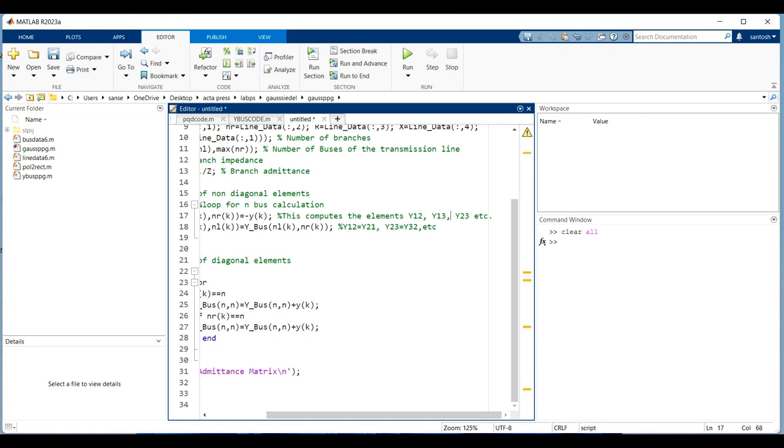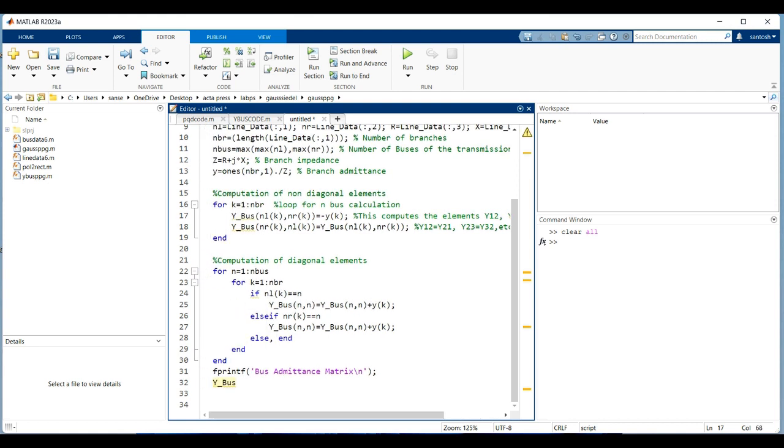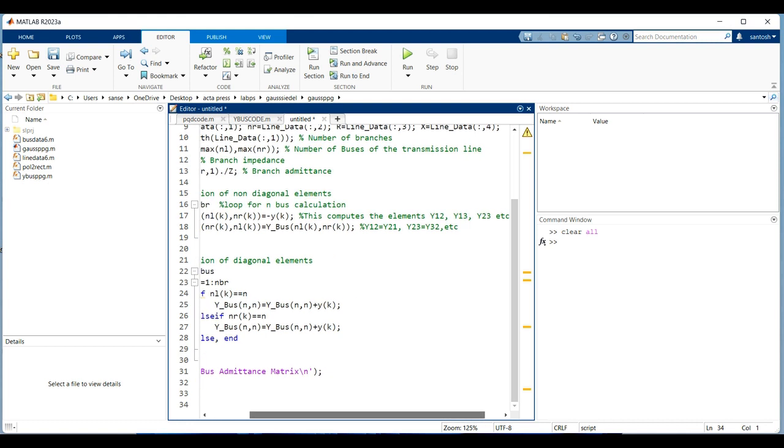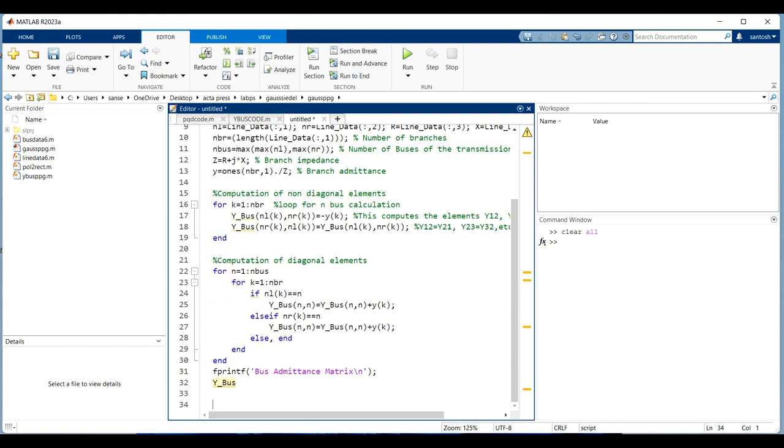So we will compute the values like y12, y13, and y23 here. Similarly, we have to tell that y12 and y21 are identical, and y23 and y32 are identical. So for that we are writing code here, and we end the loop here.